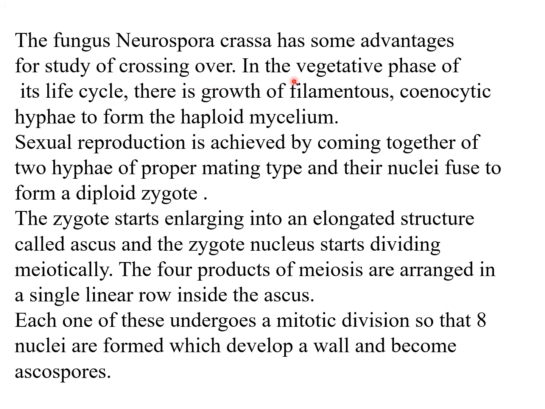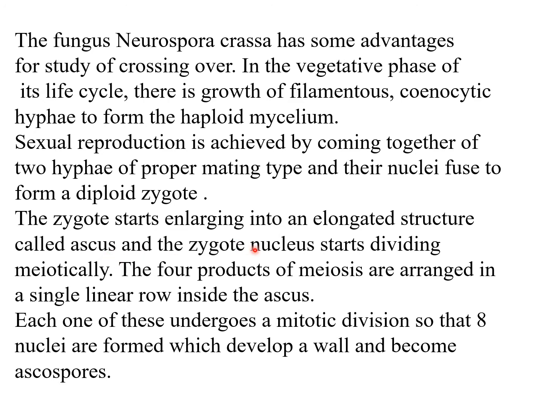In the vegetative phase of its life cycle, the haploid spores germinate into mycelia, and then sexual reproduction is achieved by the coming together of two hyphae of proper mating type, followed by the fusion between these two nuclei, which results in formation of a zygote. Now this zygote enlarges into an elongated structure. We call it an ascus.